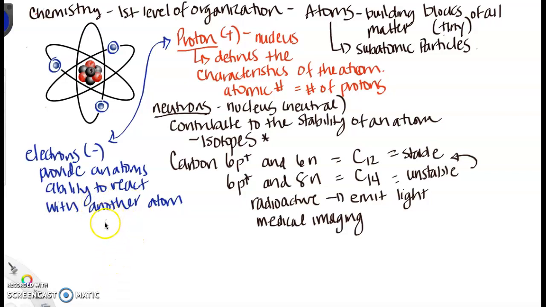But sometimes the electrons can be different. So if there's 2 electrons and 3 protons, that will give a positive charge because there's more protons than there are electrons. If we have 4 electrons and 3 protons, then we have a negative charge.